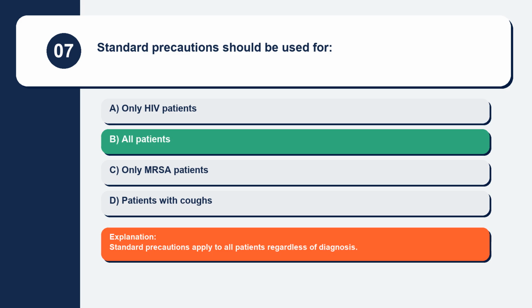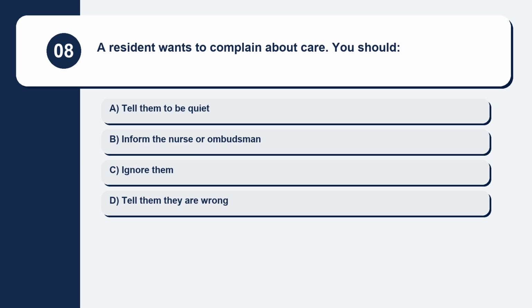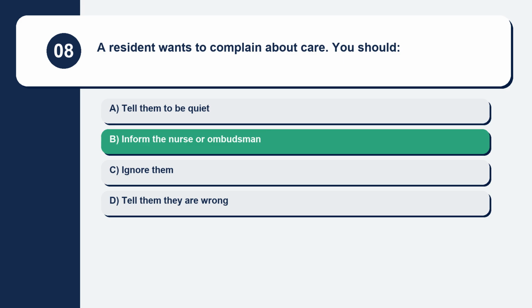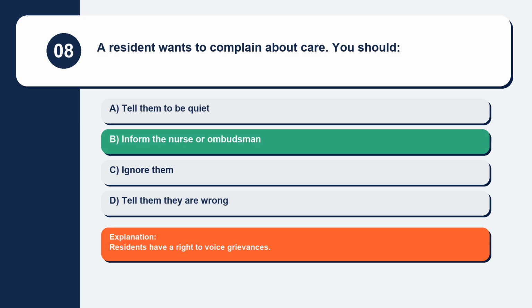Standard precautions apply to all patients regardless of diagnosis. Question 8. A resident wants to complain about care. You should tell them to be quiet, inform the nurse or ombudsman, ignore them, tell them they are wrong. Residents have a right to voice grievances.